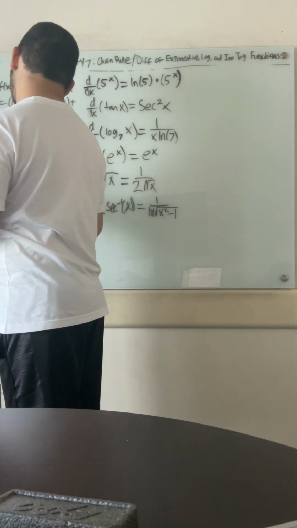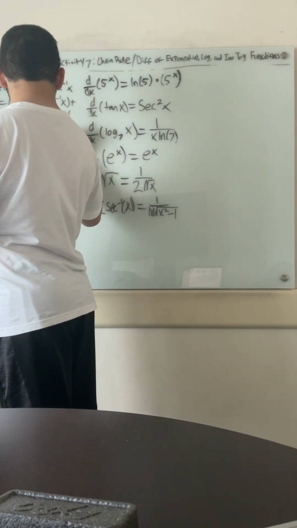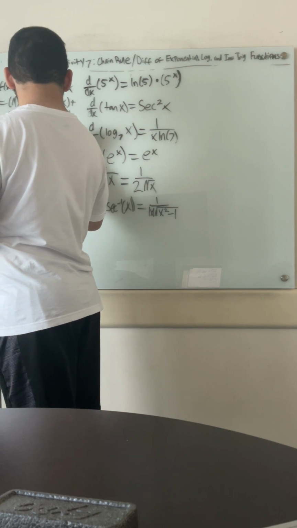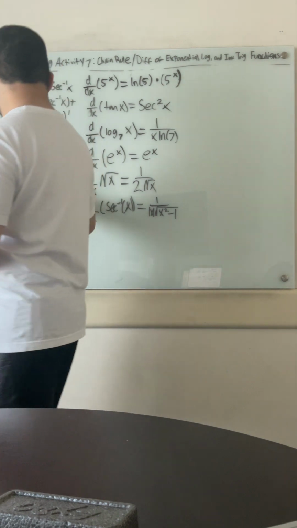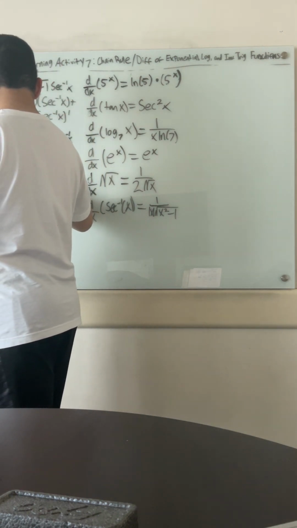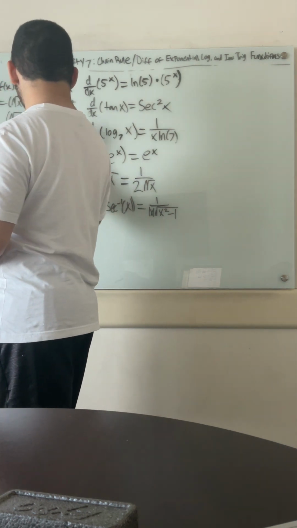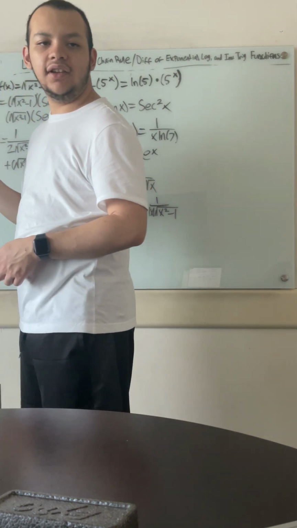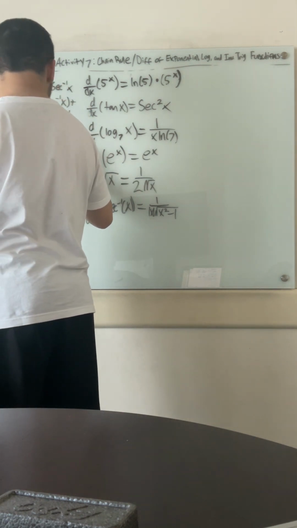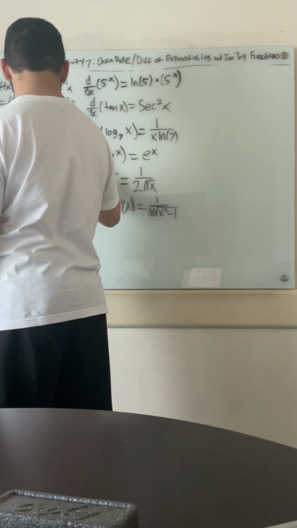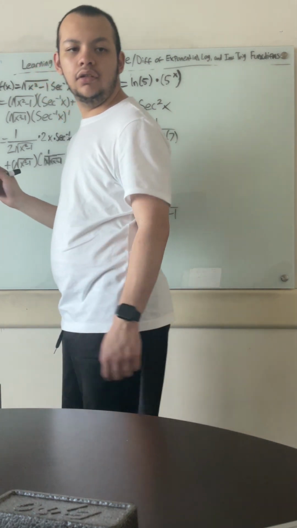And obviously the derivative of 1 is just 0. And this is all going to be times arcsecant of x. And I'm going to continue down here. Plus the square root of x squared minus 1 times the derivative of arcsecant of x, which is just going to be 1 over the absolute value of x times the square root of x squared minus 1.